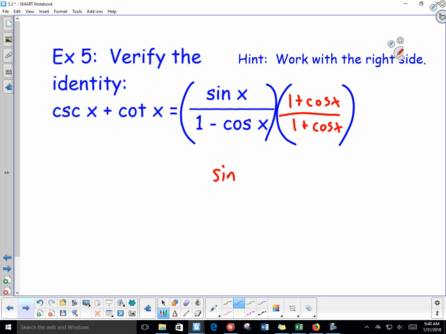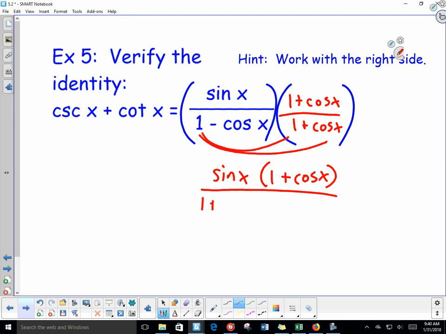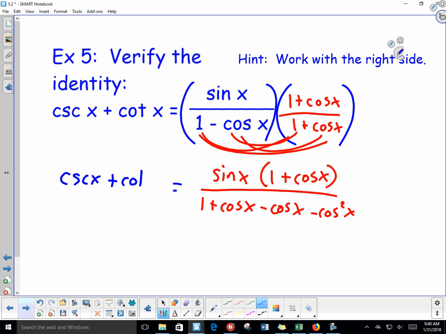So let me leave this as sine x times 1 plus cosine x in my numerator. And using FOIL in the denominator here, I'm going to have 1 plus cosine x minus cosine x minus cosine squared x. And again, I'm trying to show that it's equal to cosecant x plus cotangent x.